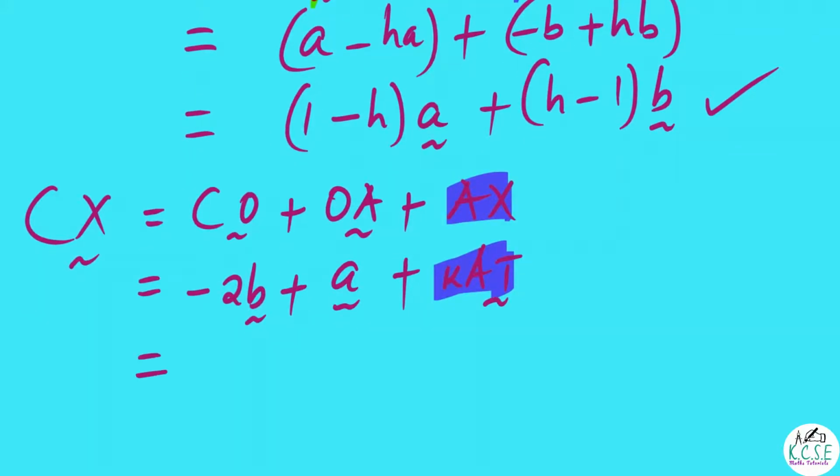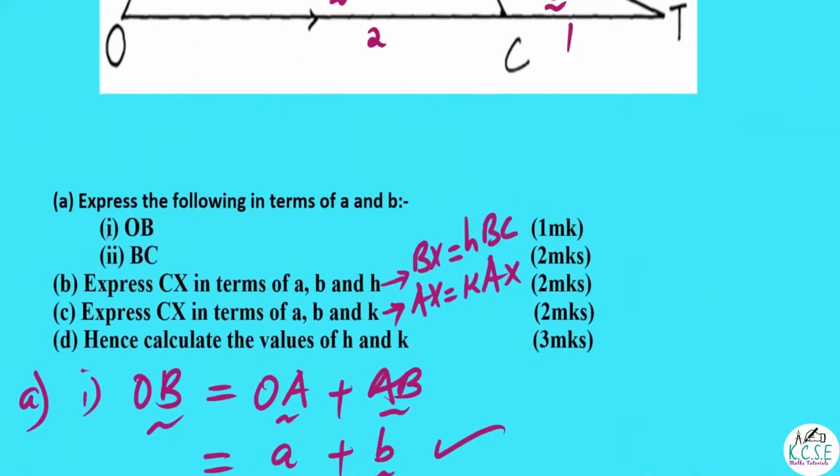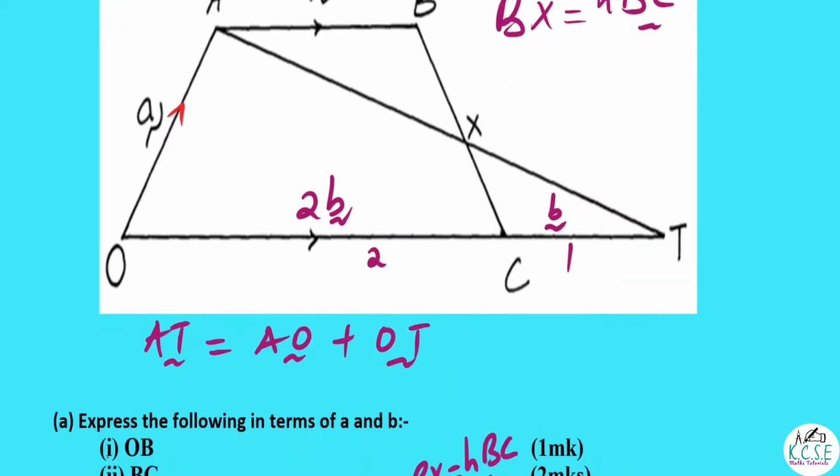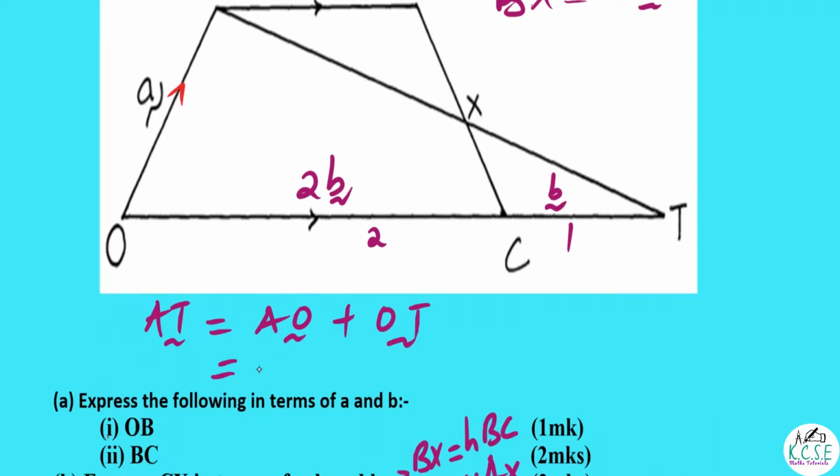Now let's proceed. So this will give negative 2B plus A plus K. Now AT, let's go to the diagram. AT is given by AO plus OT, and AO is negative A plus OT.